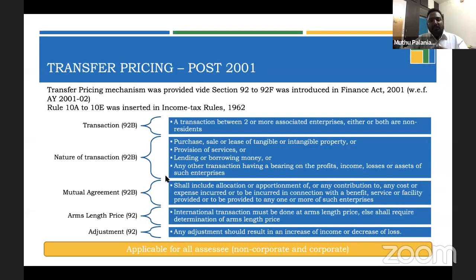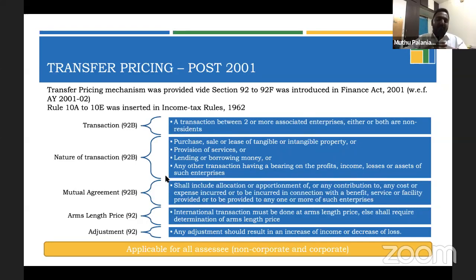Indian transfer pricing regulation was completely freshly introduced in the year 2001. So it was applicable from assessment year 2001-02. So there are sections 92 to 92F which were brought in, and even rules 10A to 10E were inserted in the Income Tax Rules 1962. So this is what determines your provisions of transfer pricing.